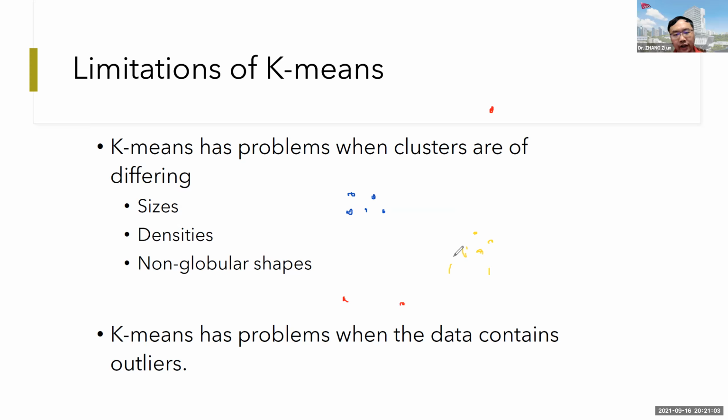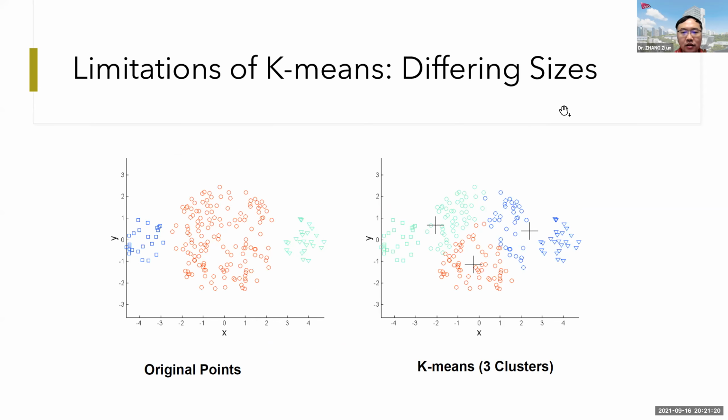Then when you do the computation, your centroid probably stays here due to the impact of the outliers. So, differing sizes.